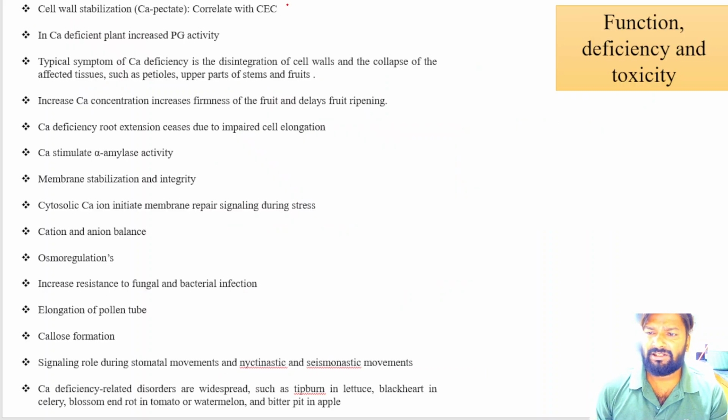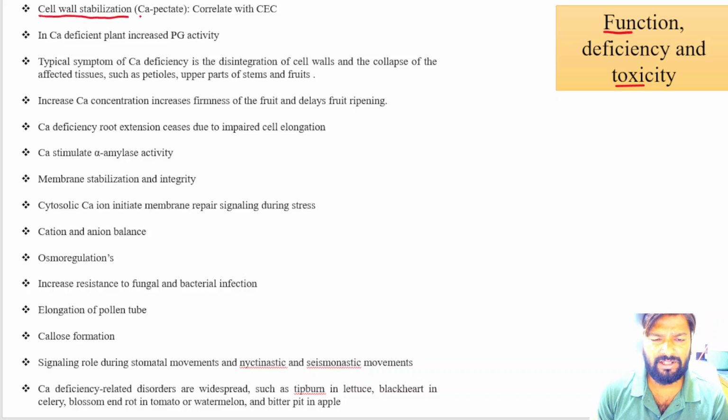Now we will discuss about the important function, deficiency and the toxicity of the calcium. So calcium works as, already discussed, a cell wall stabilizer because it's found in the calcium pectate which provides the strength to the cells, and this is also correlated with the cation exchange.